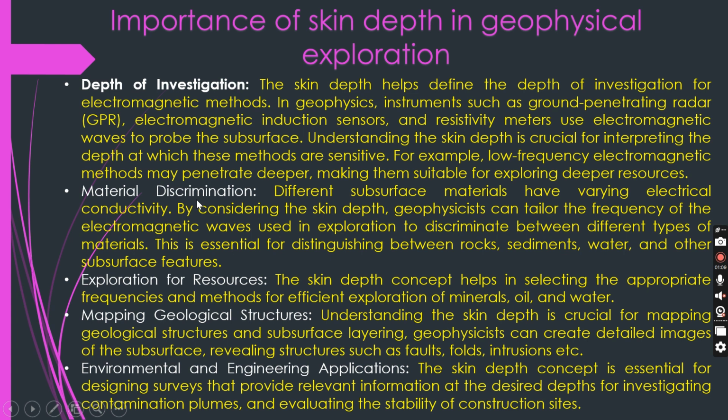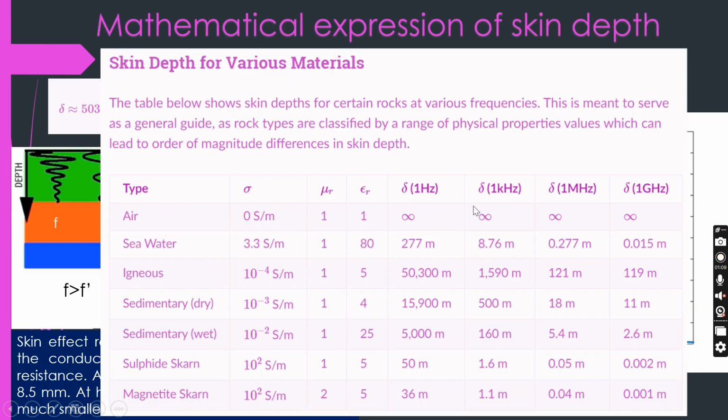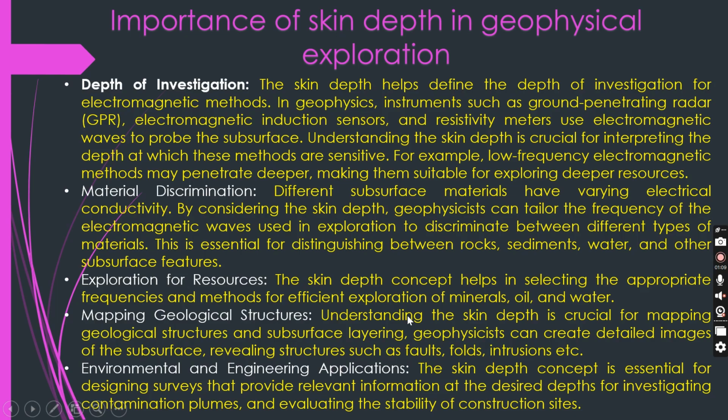Similarly, mineral discrimination. As I have shown in the table, different subsurface materials have varying electrical conductivity. By considering skin depth, geophysicists can tailor the frequency of the electromagnetic waves used in exploration to discriminate between different types of materials. This is essential for distinguishing between rocks, sediments, water, and other subsurface features. Further, exploration for resources.